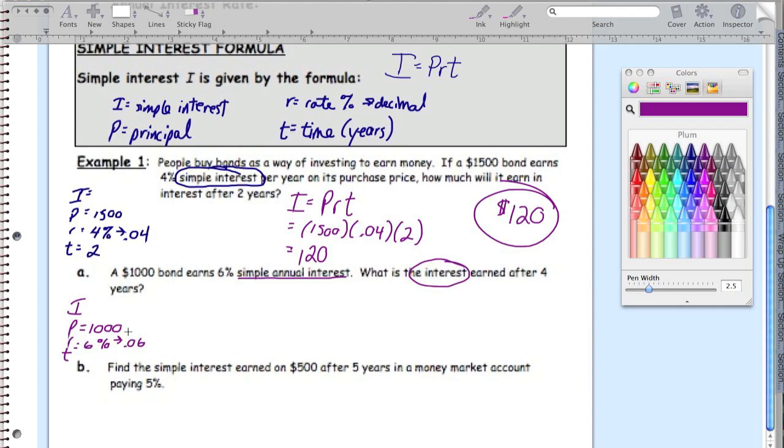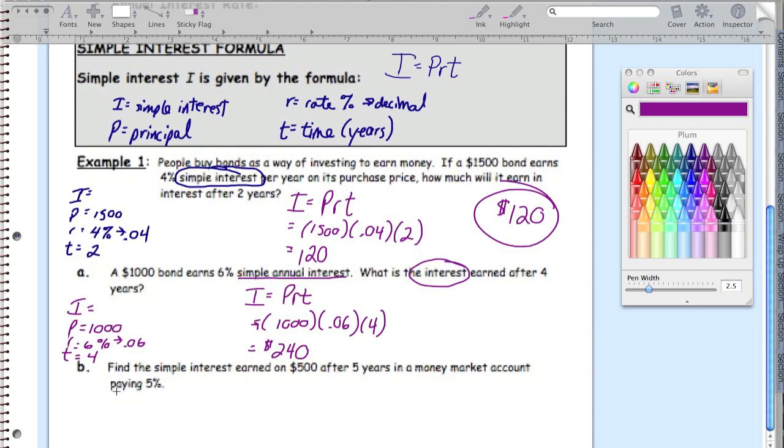And the time period that this is happening over is 4 years. So they want us to find our interest, how much extra money there is going to be based on putting $1,000 in. So it's 1,000 times 0.06 times 4. We can multiply, and we find that there is now going to be an extra $240. So $240 in interest. Again, good deal.